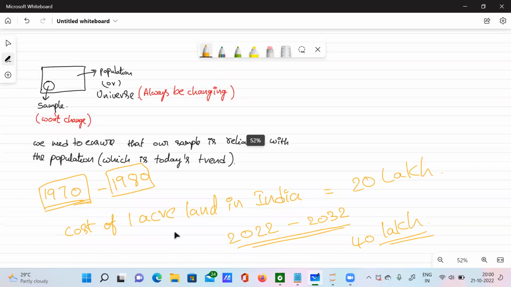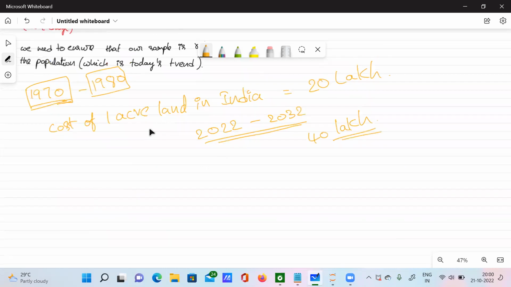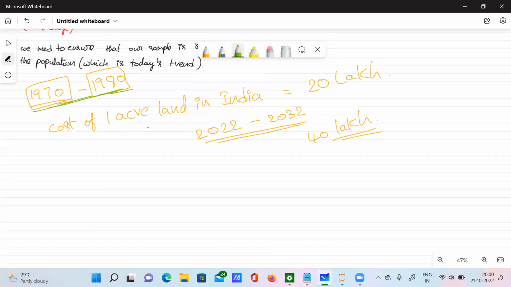Why? Because see here, this is data from many years back. During that particular period, the price was actually 20 lakh, which is okay for that period.